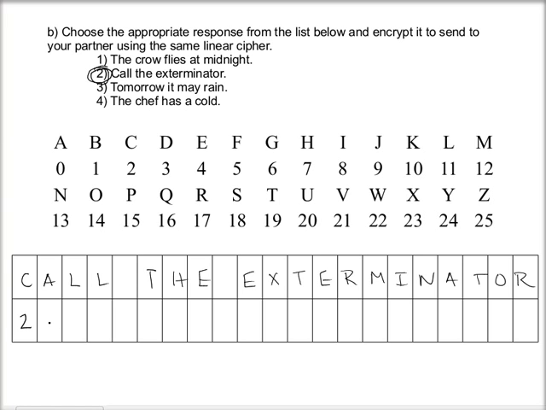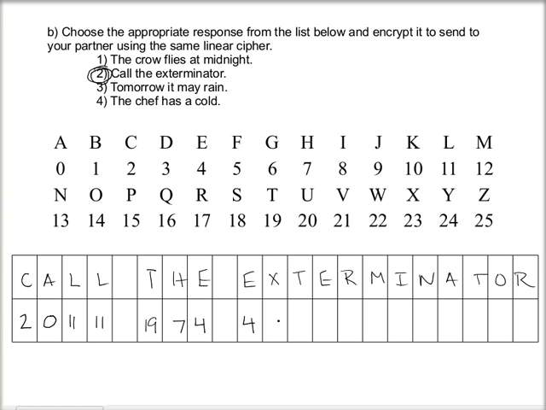So C is going to be 2, A is 0, L is 11. I've got another L. T is 19, H is 7, and E is 4.